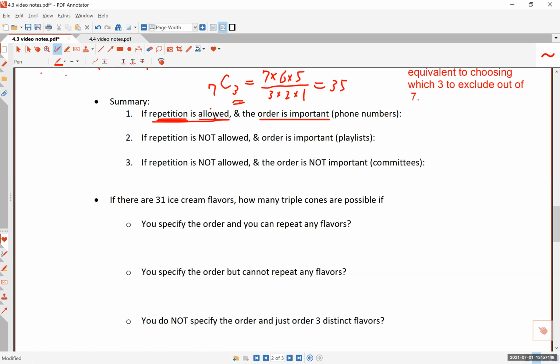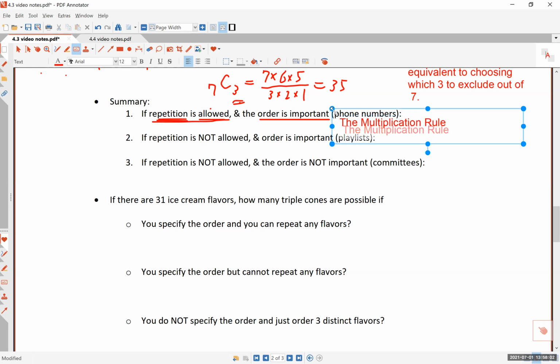And so the repetition is allowed. If the repetition is allowed and the order is important, use what? Use the multiplication rule. That's like the phone number, like license plates, or like the combination locks.